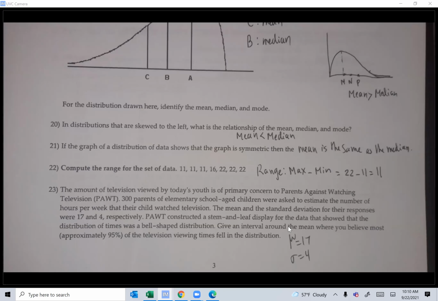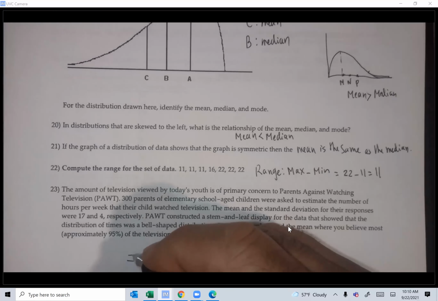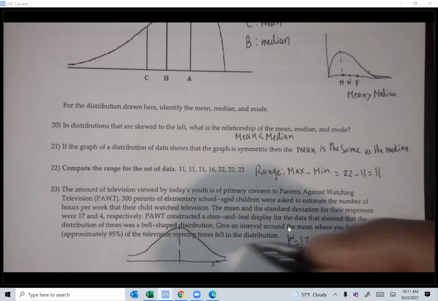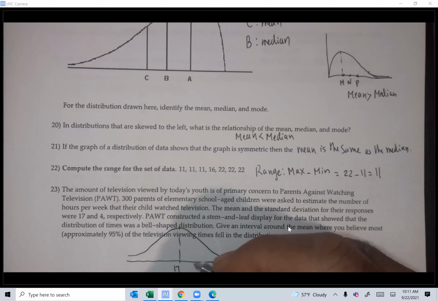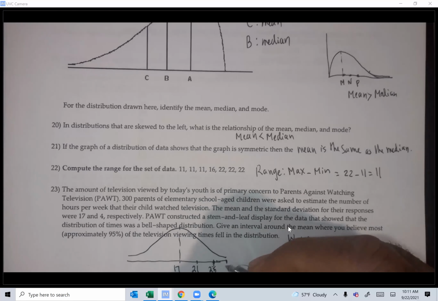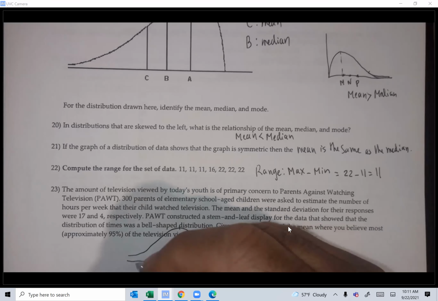And the 95% is when the values are within 2 standard deviations of the mean. And how do we do that for the 95%? Look. This is the mean, which is 17. Add 2 standard deviations, that goes to 21, plus 4, 25, plus 4, and then 29, which I don't need. Subtract 1 standard deviation, that will be 13.